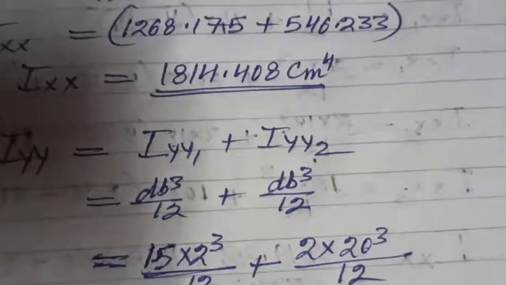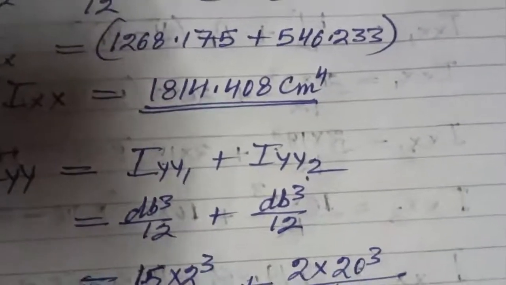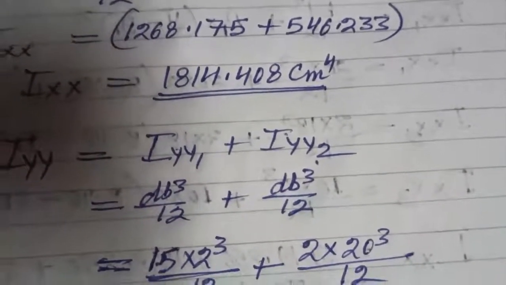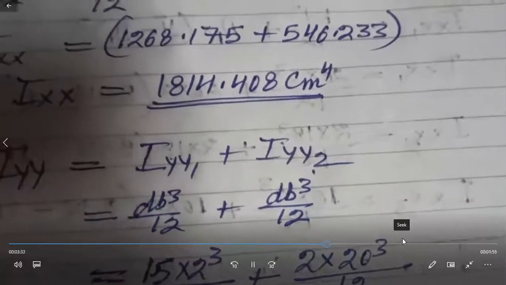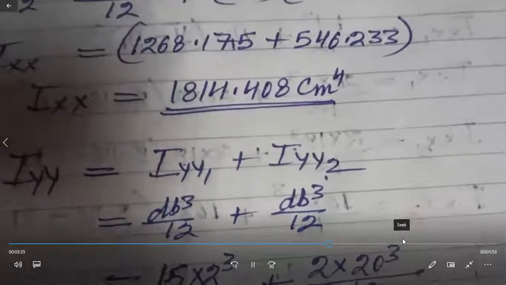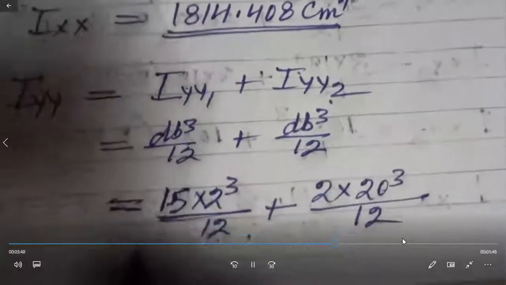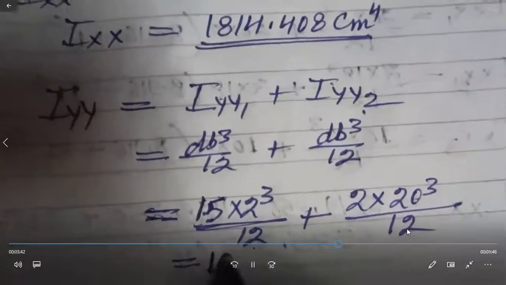So now on calculating, 15 into 2 cube divided by 12 will be equal to 10, only 10.